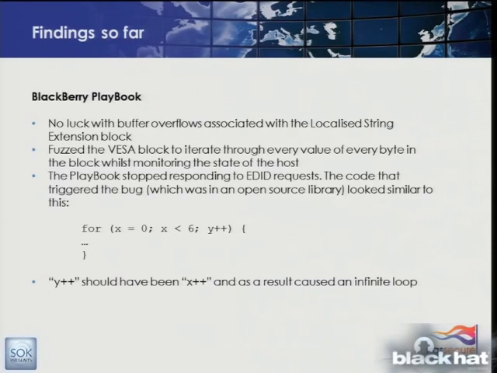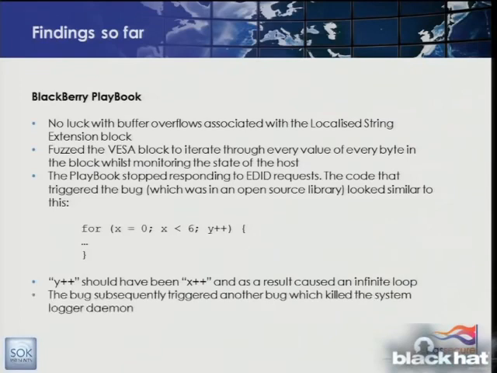Now you're all probably sitting there thinking, well, congratulations, you've managed to do a local DoS on the HDMI port on your Playbook. Well done. However, as a result of that bug, it triggered a secondary bug which killed the system logger daemon, a thing called slogger on QNX, which is essentially the same as syslogd.